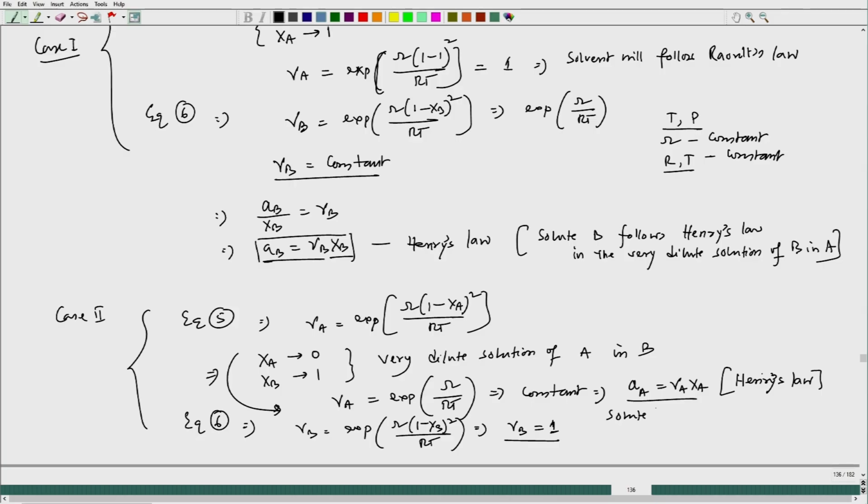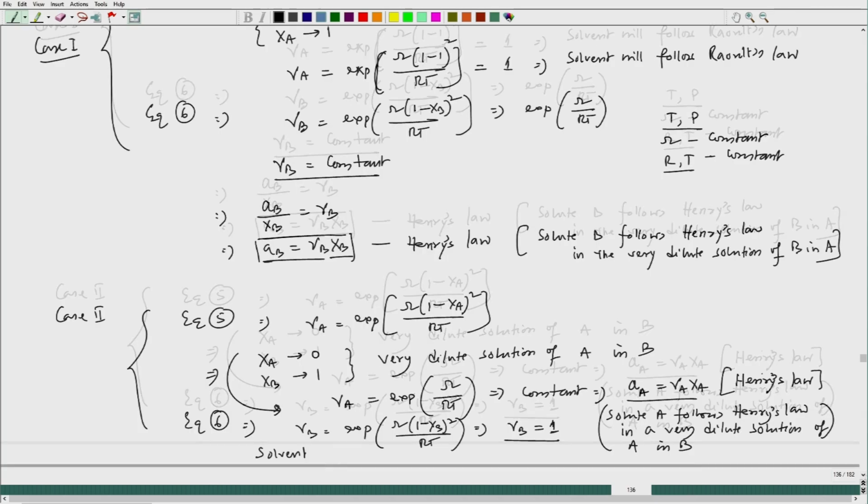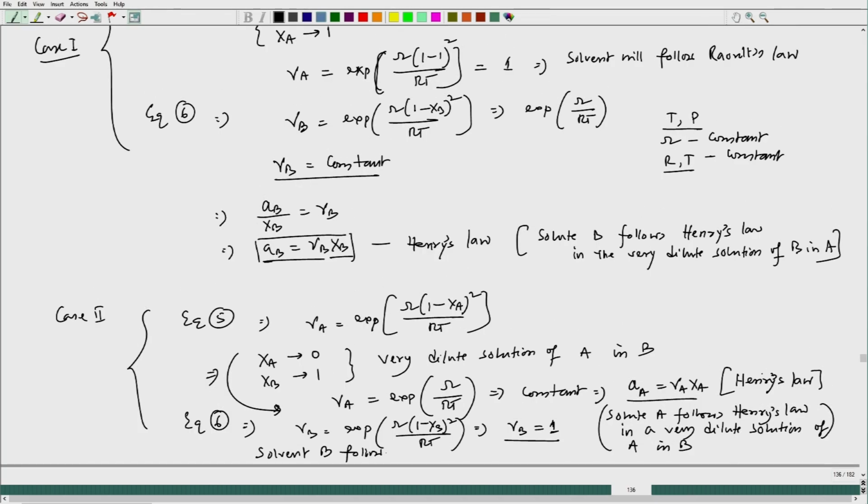The solute A follows Henry's law in a very dilute solution of A in B. But when we talk about solvent B, the solvent B follows Raoult's law.